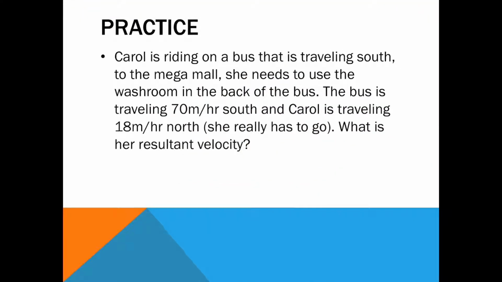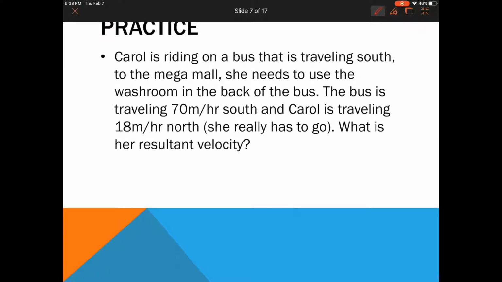All right, let's try another one. Carol is riding on a bus that is traveling south to the mega mall. She needs to use the washroom in the back of the bus. The bus is traveling 70 meters per hour south, and Carol is traveling 18 meters per hour north because she really has to go.